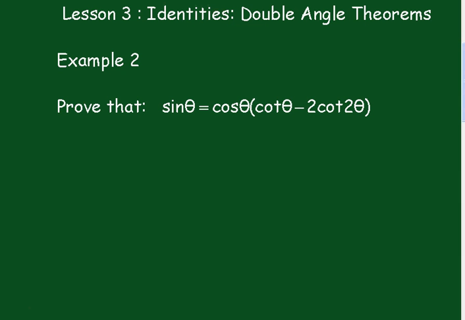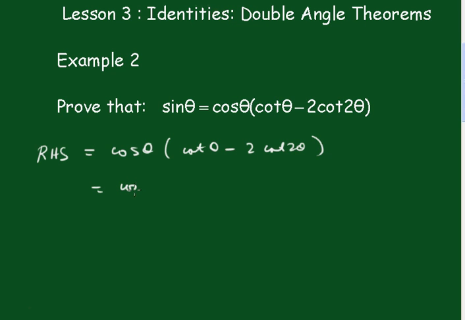Right, example 2. It's a bit more involved. We have to prove that sine theta equals cos theta outside of cot theta minus 2 cot 2 theta. Now we'll work with obviously the right-hand side with this one. Just writing it out. It's cos theta outside of cot theta minus 2 cot 2 theta.